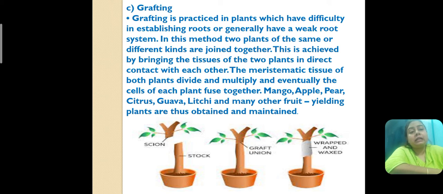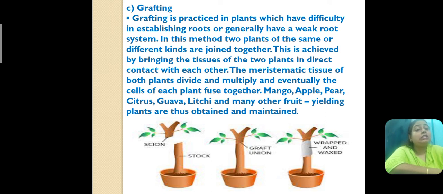So what is done in this particular method? We take two plants, one whose root system is to be used and another whose shoot system is to be used. The plant whose root system is to be used is known as the stock, and the cut portion of the plant whose shoot system is to be used is called the scion.